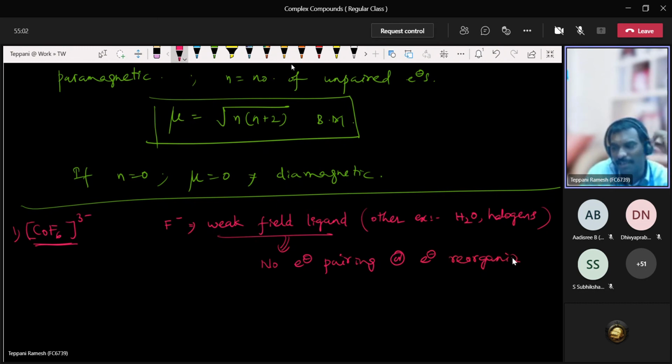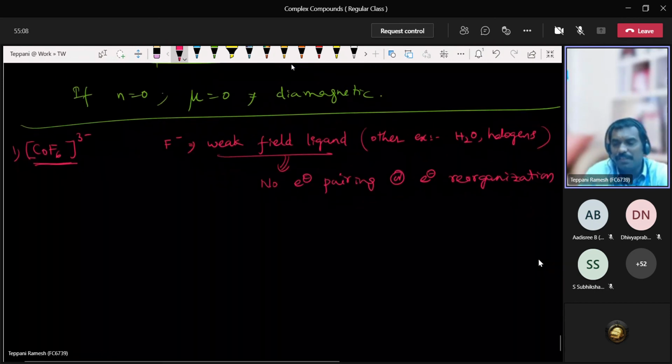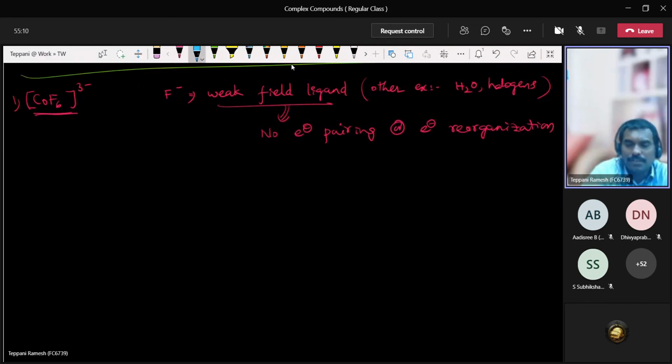Reorganization is not taking place. Weak field, strong field: strongly influencing, weakly influencing, like that. Other examples of weak field ligands are water and the remaining halogens.